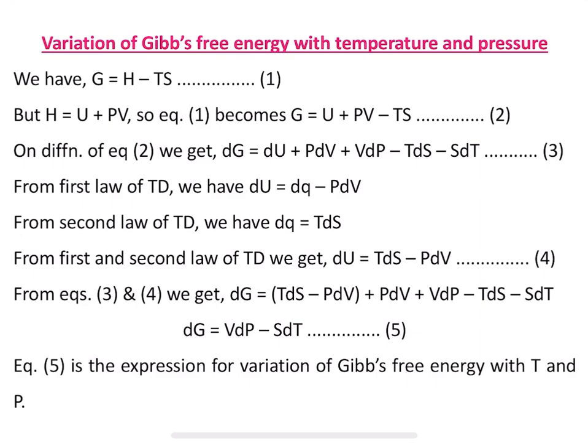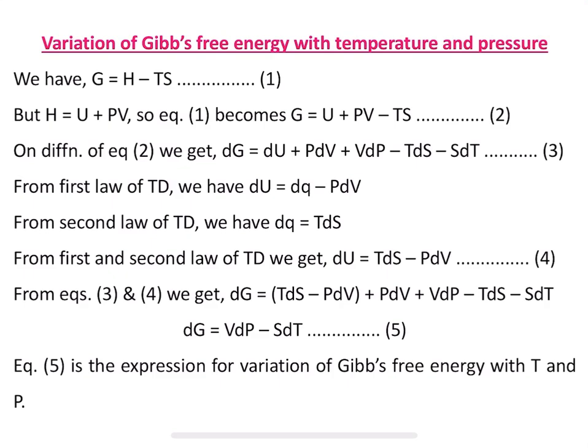That means the entropy of any substance at a temperature above absolute zero will always be positive. The second is that it provides a fixed reference point that allows us to measure the absolute entropy of any substance at any temperature. Okay, so this is a brief introduction of the third law of thermodynamics.